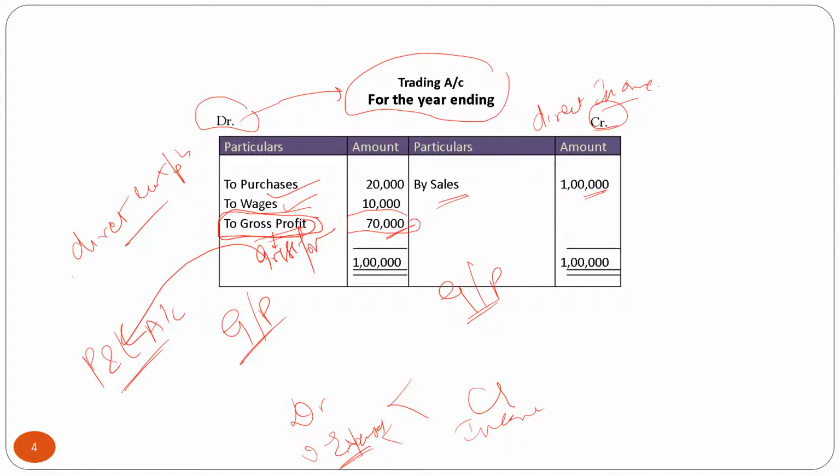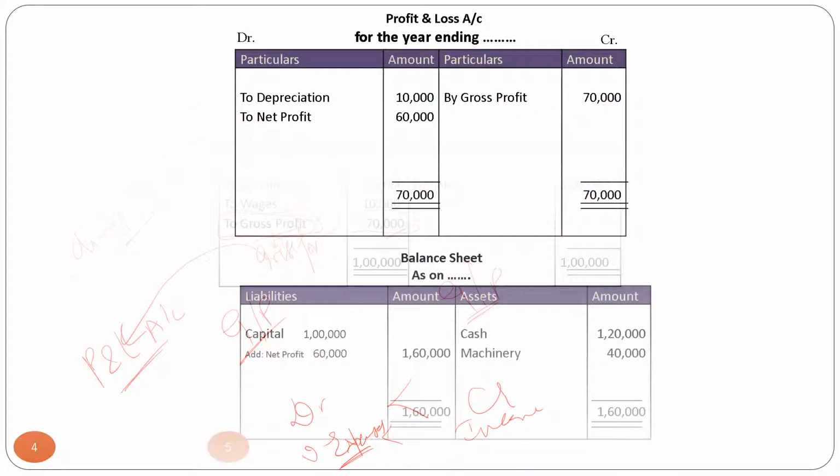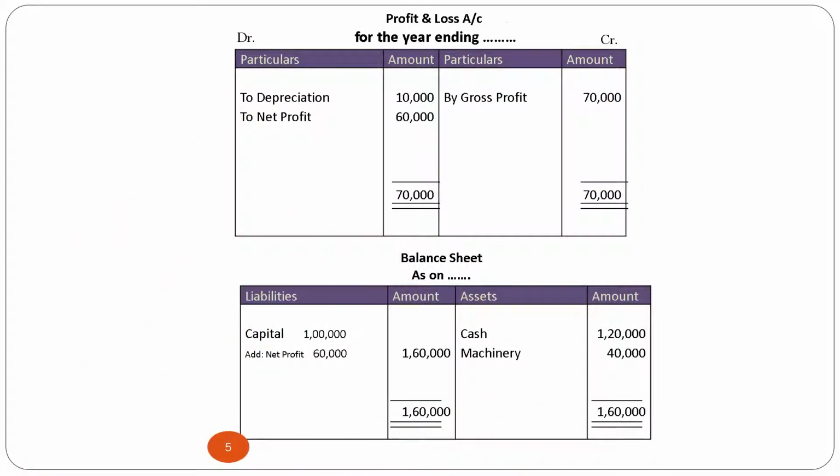So let's move ahead. Here we have the profit and loss account. I have already told you that all the indirect expenses and the indirect income will be recorded here. And moreover, the gross profit that we have got from the trading account will also be transferred here.